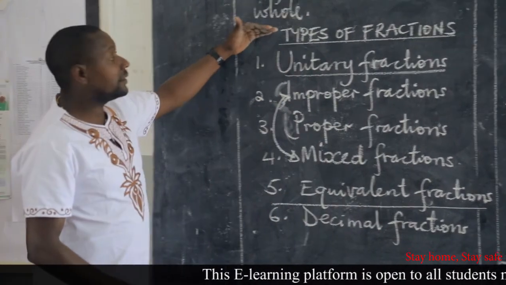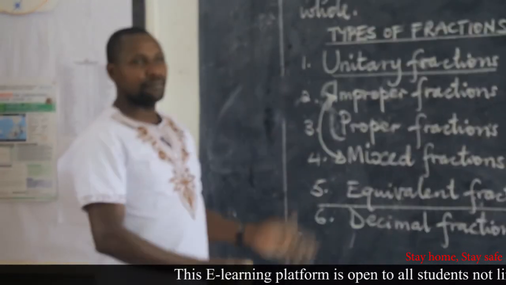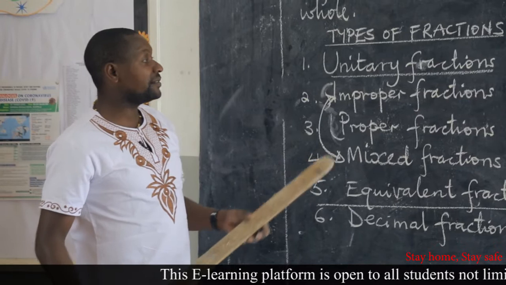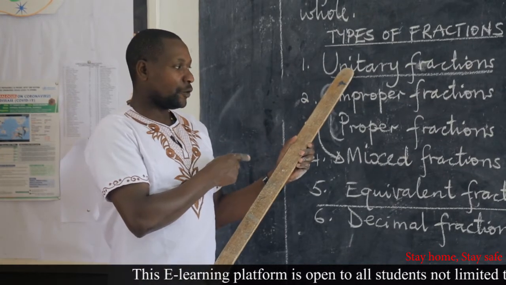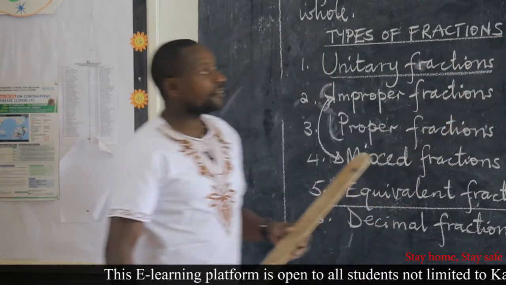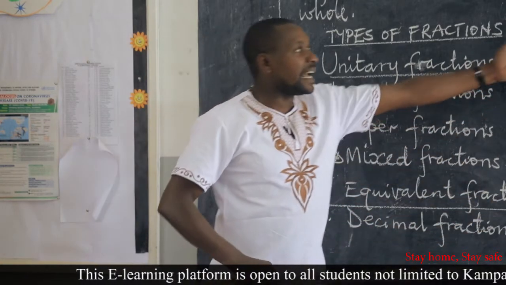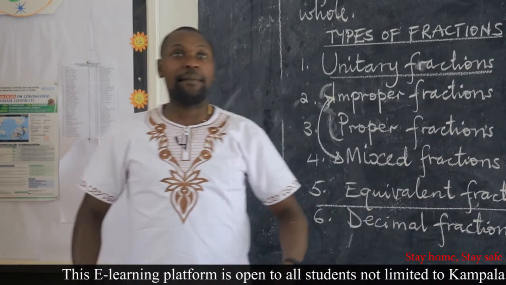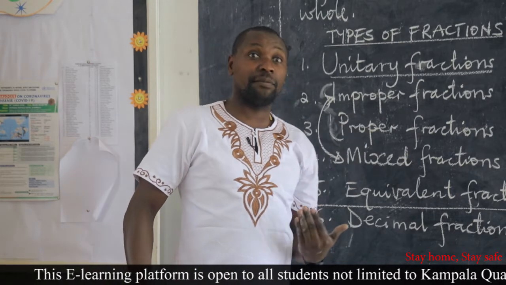We went and looked at the types of fractions, just mentioning them. You can read them by yourselves. We saw the unitary fractions, and I had to define what a unitary fraction is. Those are fractions whose numerator is 1, plus some few examples we gave. Other examples remained there with you, which I know you are going to write for me.